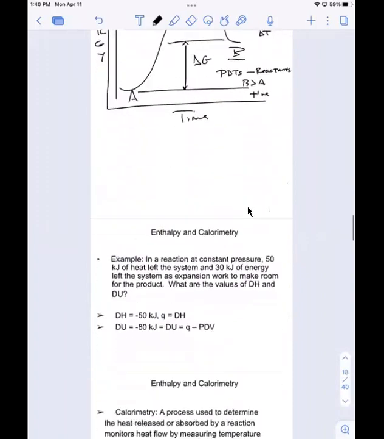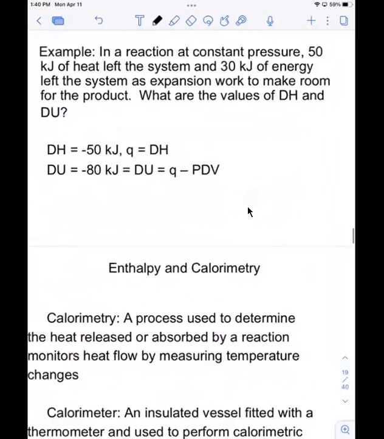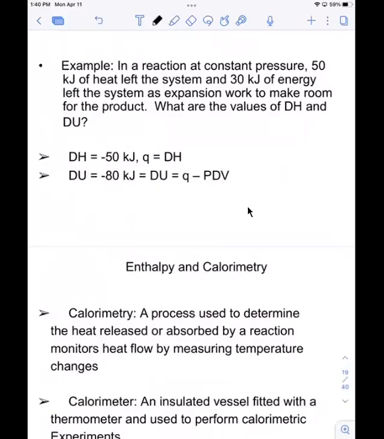All right. So one way to calculate enthalpy is to just do a simple calculation between the delta H and the work function, right? So it says in a reaction at constant pressure. So that's telling us what we're thinking about.